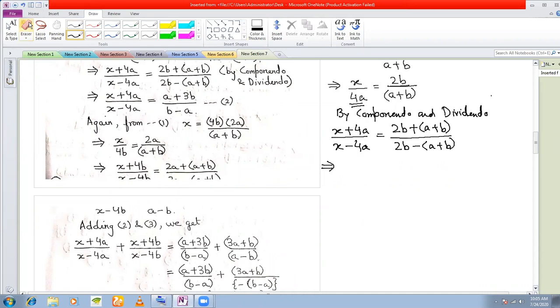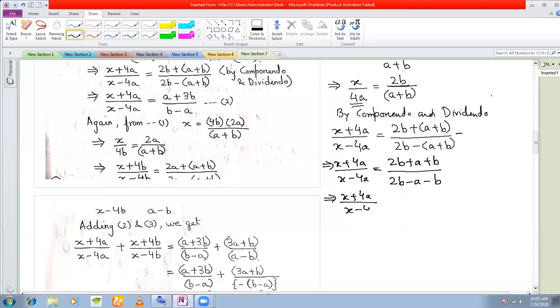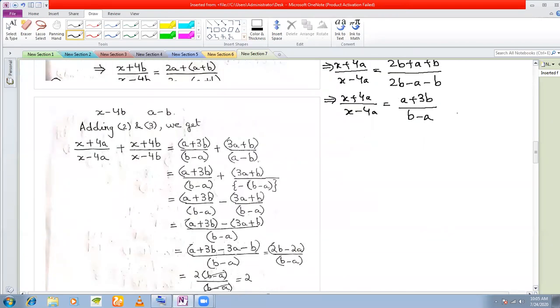So x plus 4a by x minus 4a must be equal to 2b plus a plus b by 2b minus a minus b. So this is a plus 3b and this is b minus a. This is the value of x plus 4a by x minus 4a.